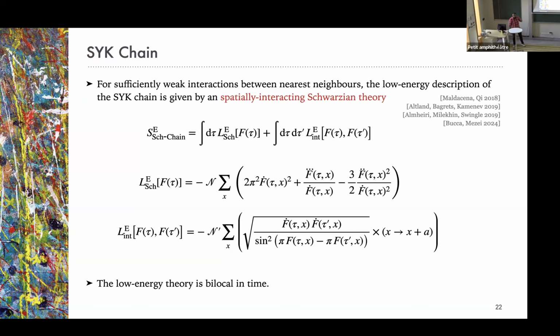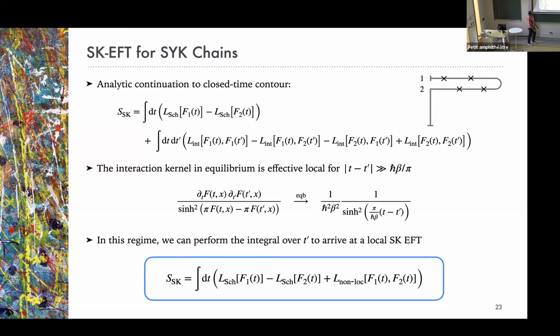But because this theory is bilocal, I have to be a little bit clever. Because now when I put this theory on the closed time contour, I have to make sure that there are 2 time integrals in the interaction piece, and I take both these times to take different combinations so that I can take both these times to be present on both the parts of the contour.